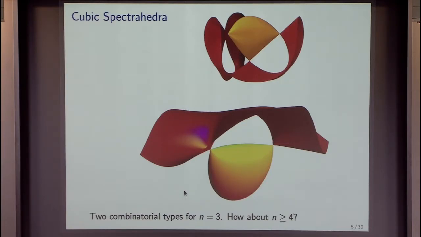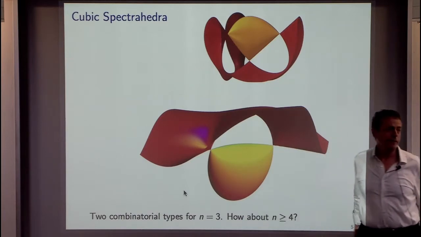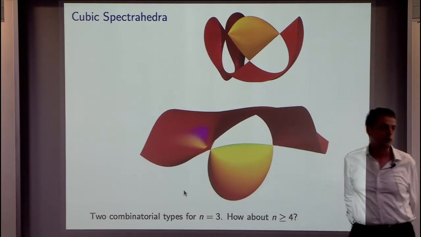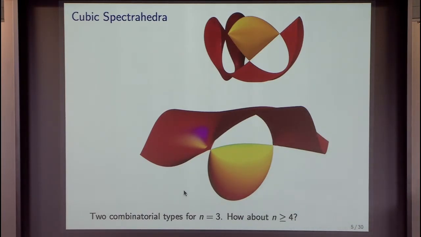So here we see there are 2 possibilities, right? So either we have 4 nodes, we have the somoza, or we have this little lemon drop that has 2 nodes. And the edge between the 2 nodes is actually contained in the boundary of the spectrahedron. Okay. So either 4 nodes or 2 nodes.